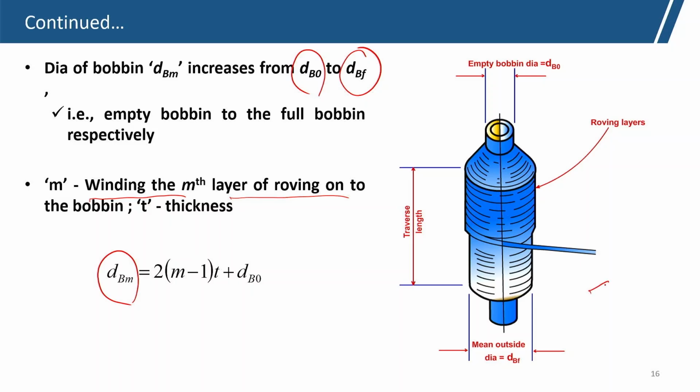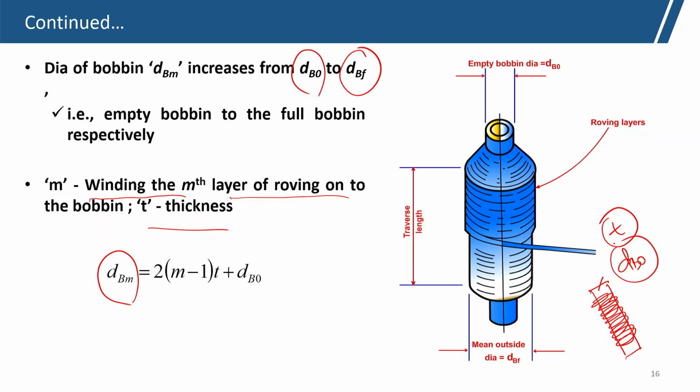Suppose this is an empty bobbin, and we draw the first layer, considering there is no compression, and the thickness or diameter of the roving is T. T is the thickness, meaning roving thickness or diameter. For the bare bobbin the diameter is dB0.